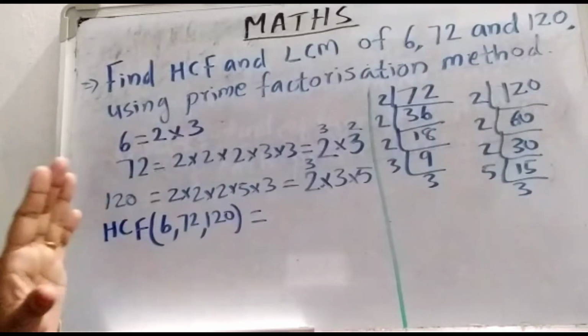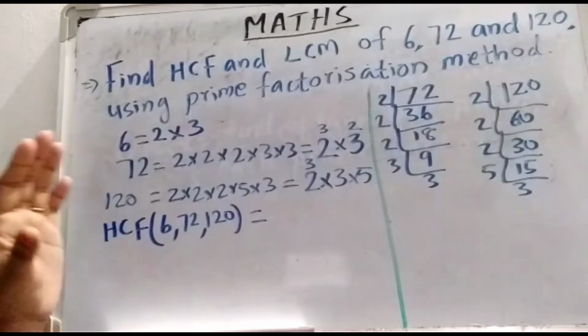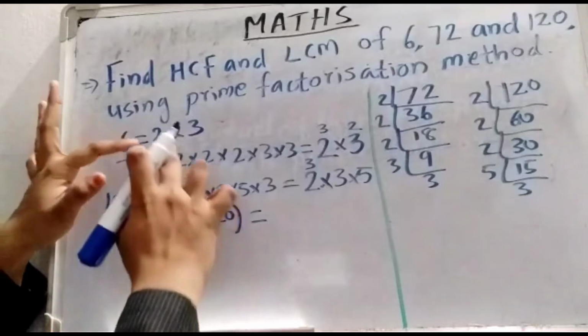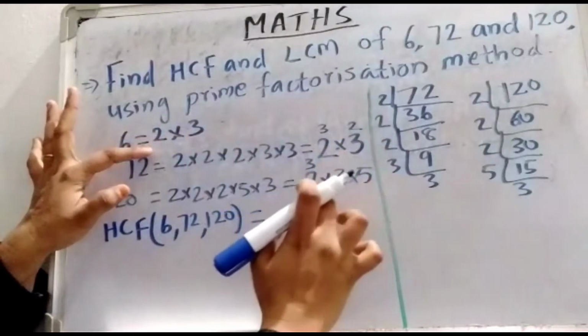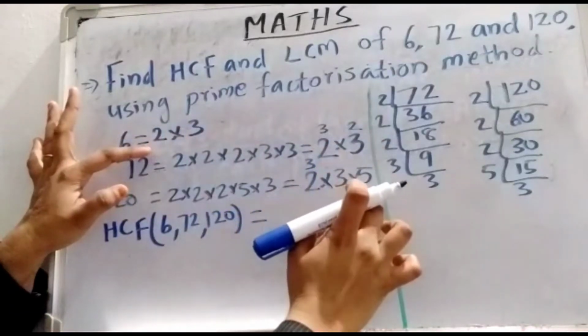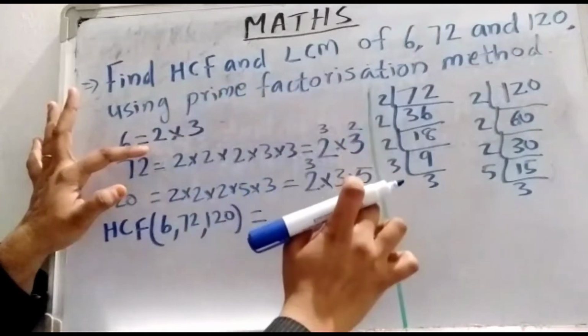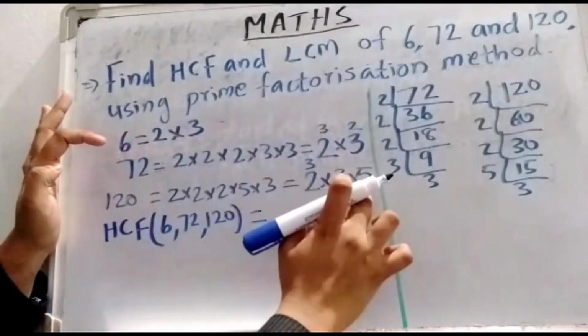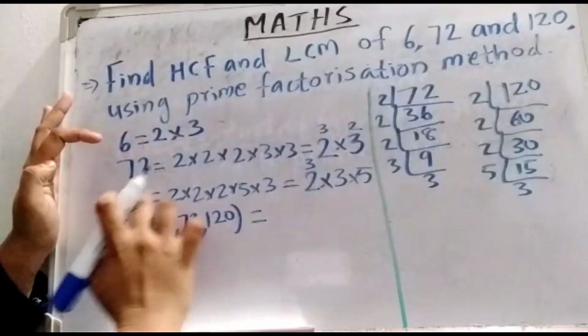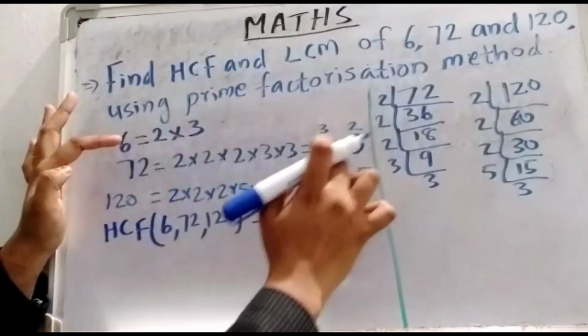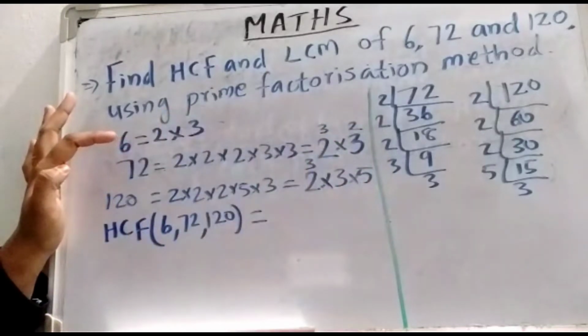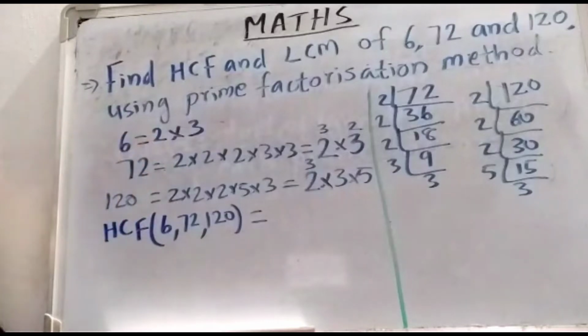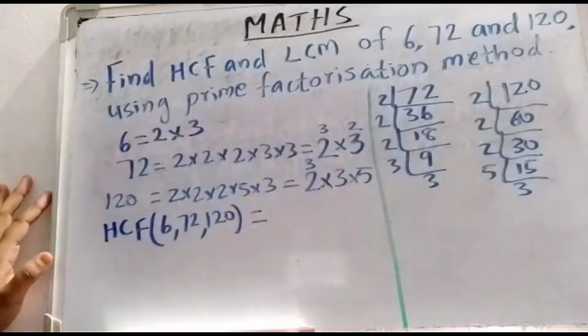So first we need to select which are the common prime factors. Here 2, 3, here 2, 3, here 2, 3, 5. So 5 is not common because it is there in only 120. So 2 and 3 are the common prime factors.